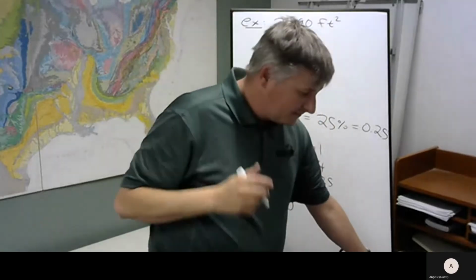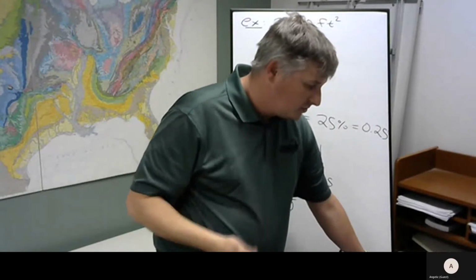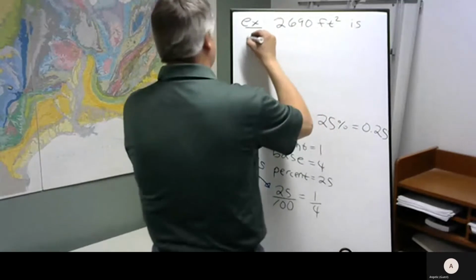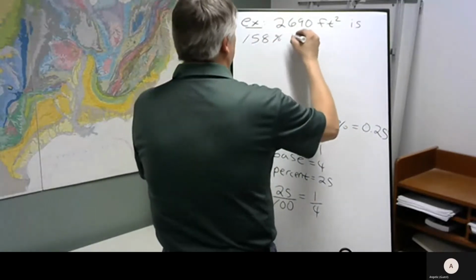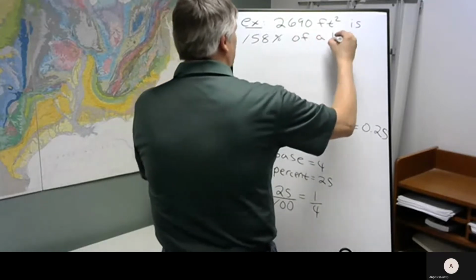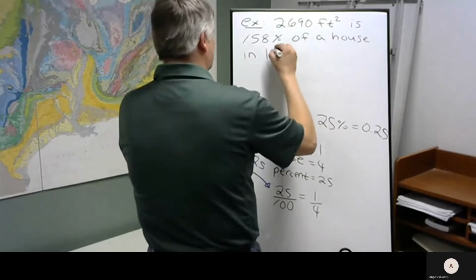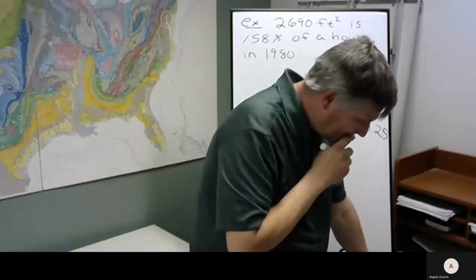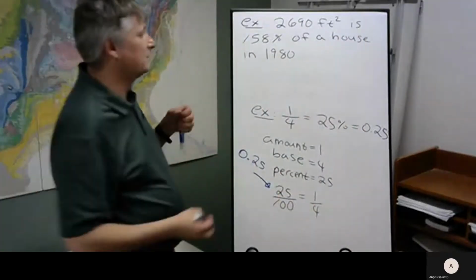This is 158% of the average size of a new house in 1980. So we want to find the house in 1980. How large was it?